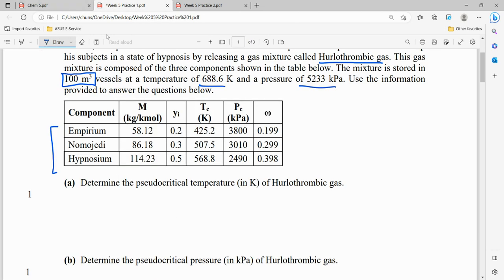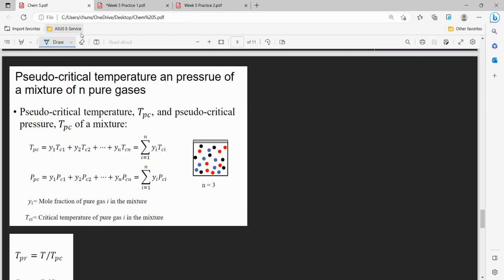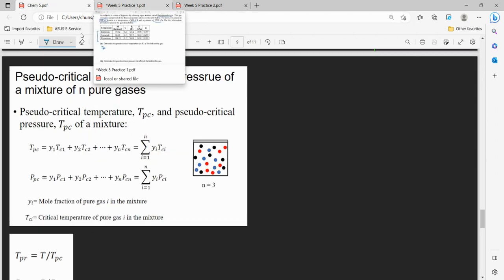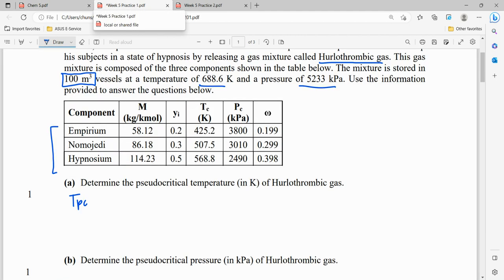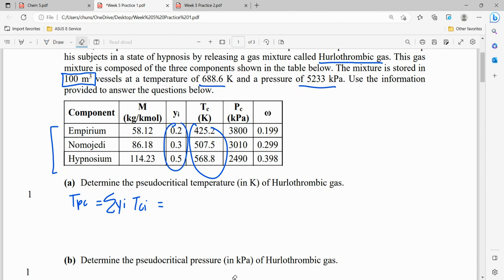So pseudocritical temperature, TPC, is equal to our sum of Y and TCI. So we're given all that. This should be an easy calculation because we have all of our TC values here and we have all of our mole percents.